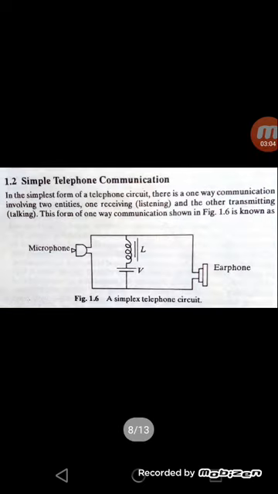In the first way we use only one microphone and one earphone, which is a one-way transmission like radios. In radios we are only transmitting information, and we are not simultaneously in contact with the subscribers.